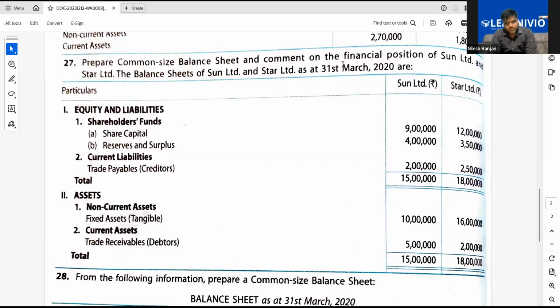Then total is 100. And assets, there's 88.89 percent. Trade receivables 11.11, and total is 100. Good.